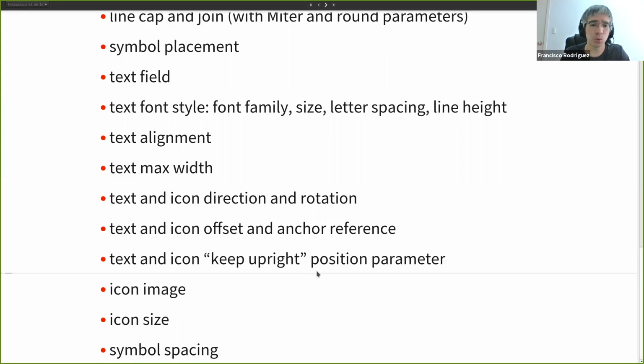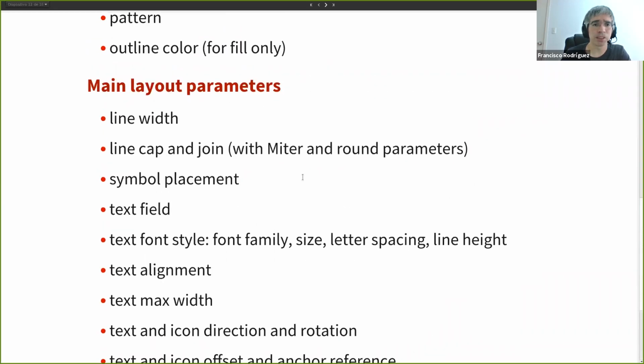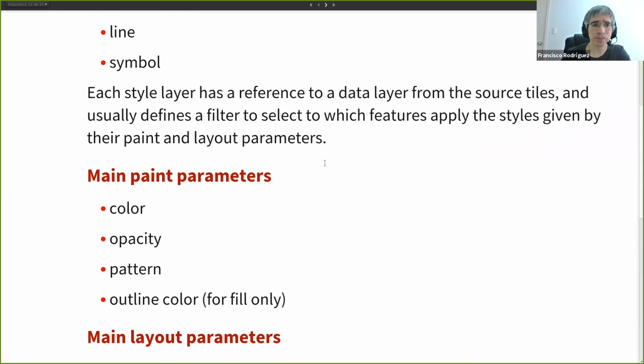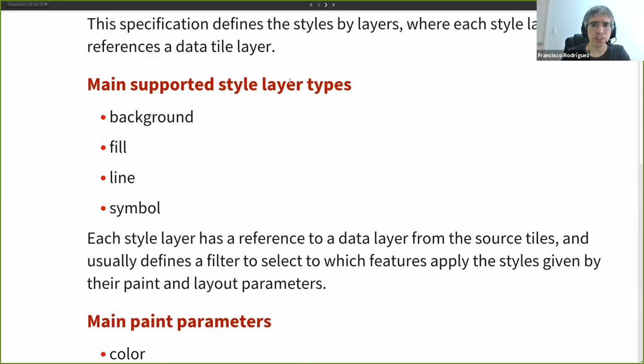For example, if we have an icon with an arrow, we don't want to move that arbitrarily. But if we want a text, we want that to be something you can read always. Which icon image to use, how much space between the different symbols, well, there is symbol spacing, text spacing, icon spacing. So there are a lot of parameters that we needed to implement to interpret all these style layers of these different types.